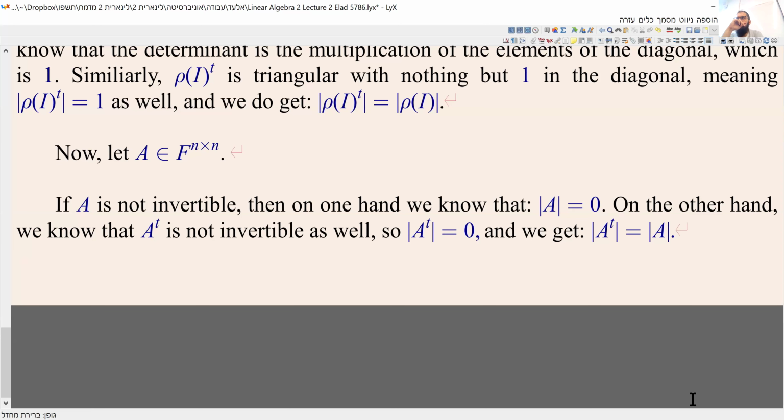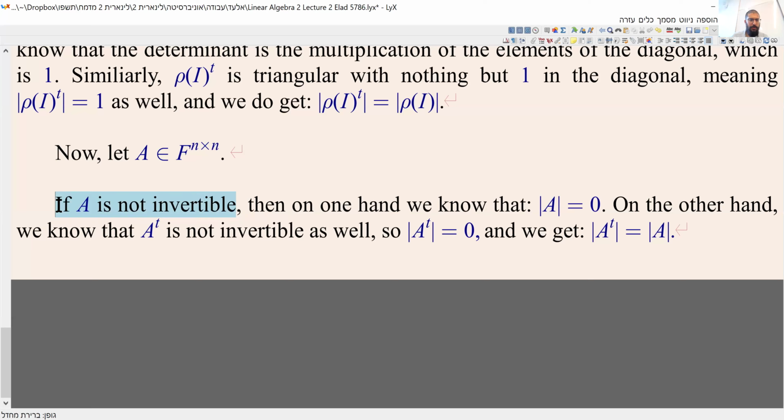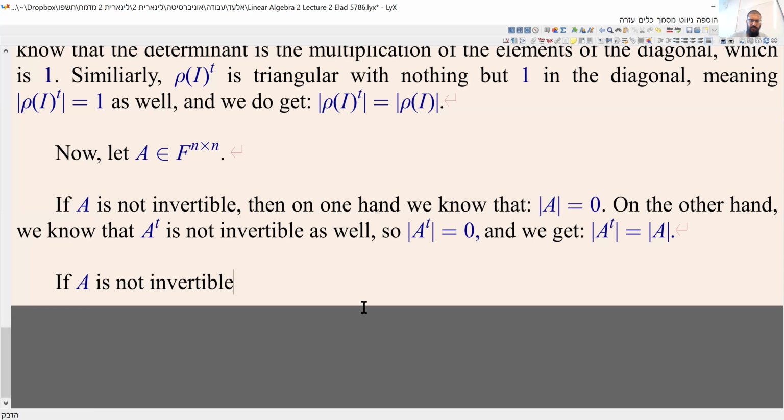And for our last case, what are we going to do when A is invertible? Here, I'm going to use the concept of elementary matrices. If A is invertible, speaking the language of elimination, we know that we can apply some row operations in some order, and we get the unit matrix I, the identity matrix.